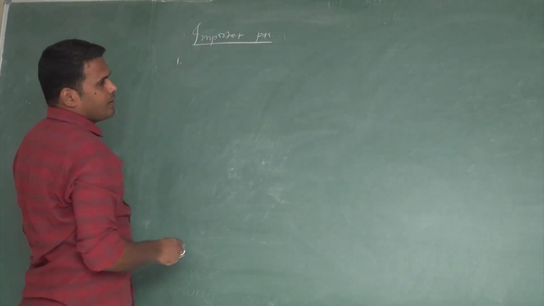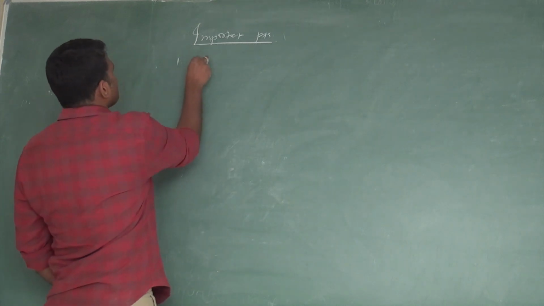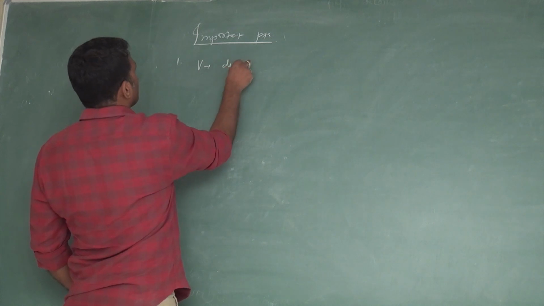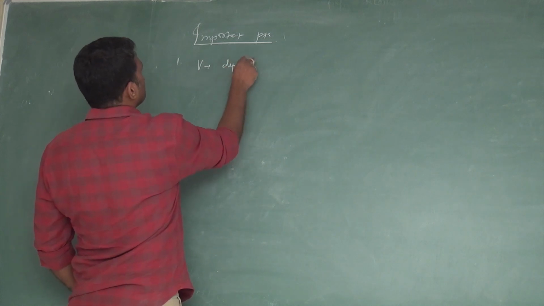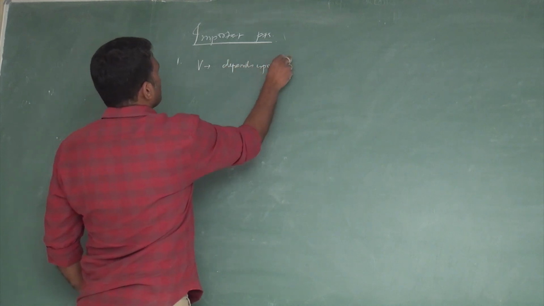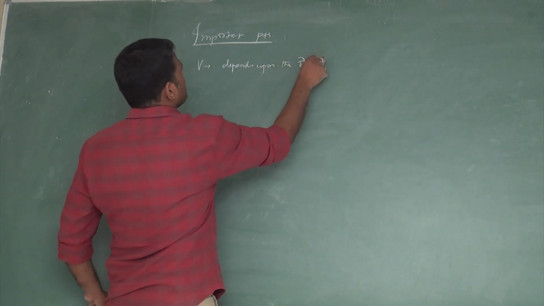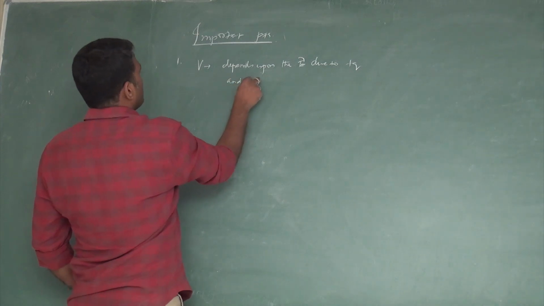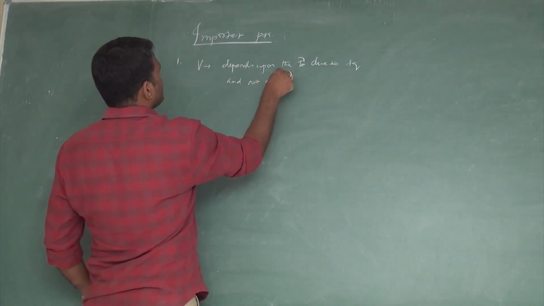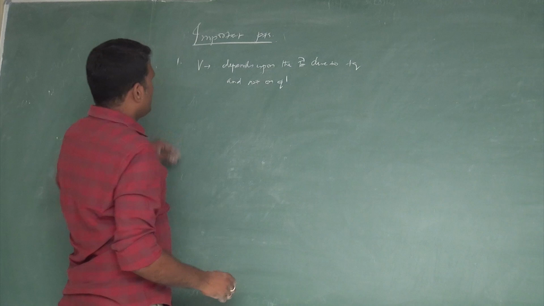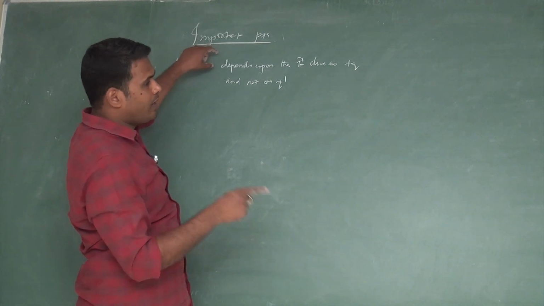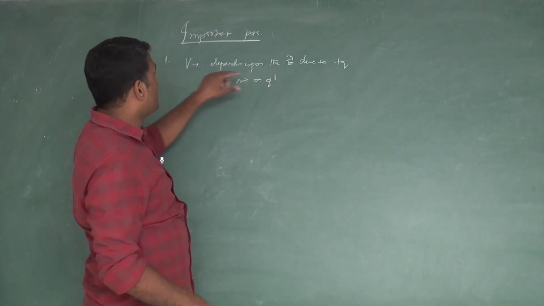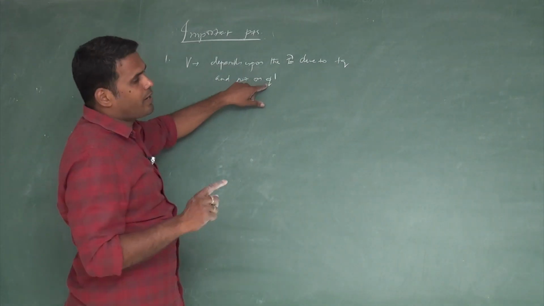First, the potential at any point depends upon the electric field due to the source charge plus Q and not on the test charge Q prime.